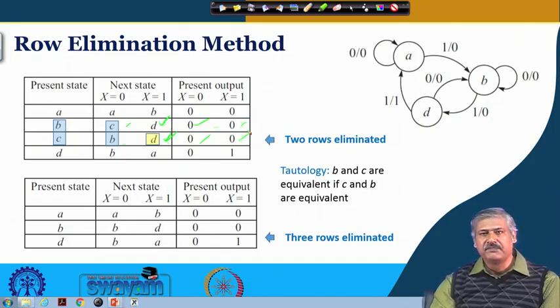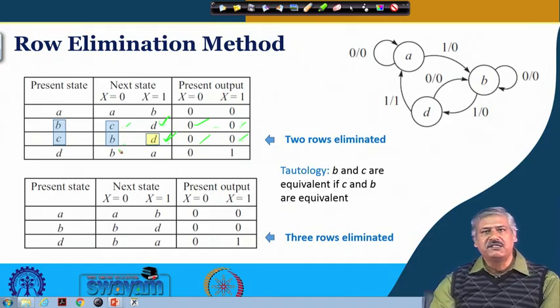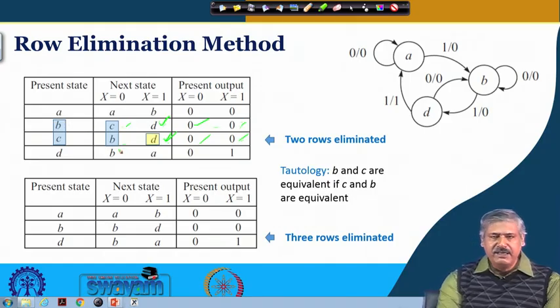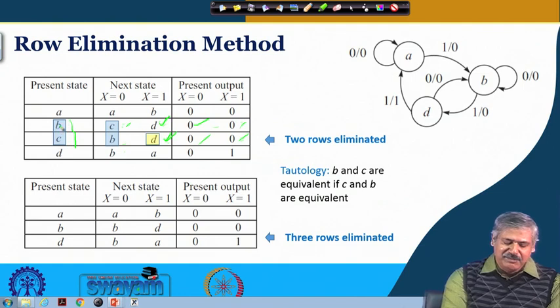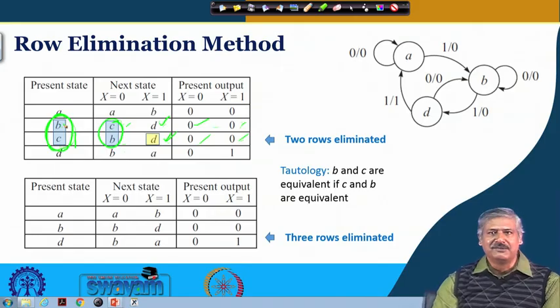Only in this place, C and B are not matching. Had they matched, if C and B were equivalent, then we can say B and C are equivalent at the present state side. So, next states C and B are equivalent if present states B and C are equivalent.